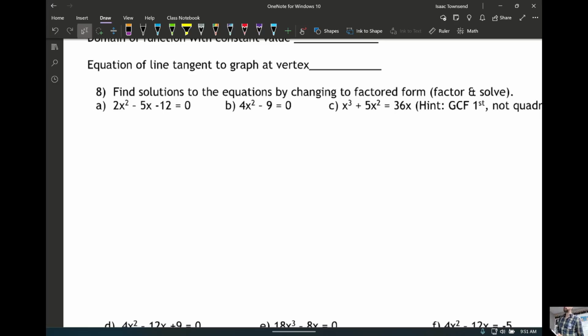Okay, so it wants us to solve this and find the solutions to this, and it technically says factored form.